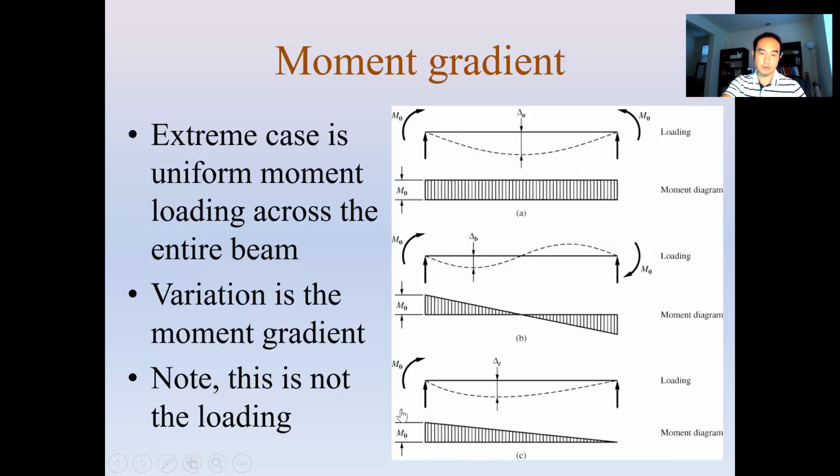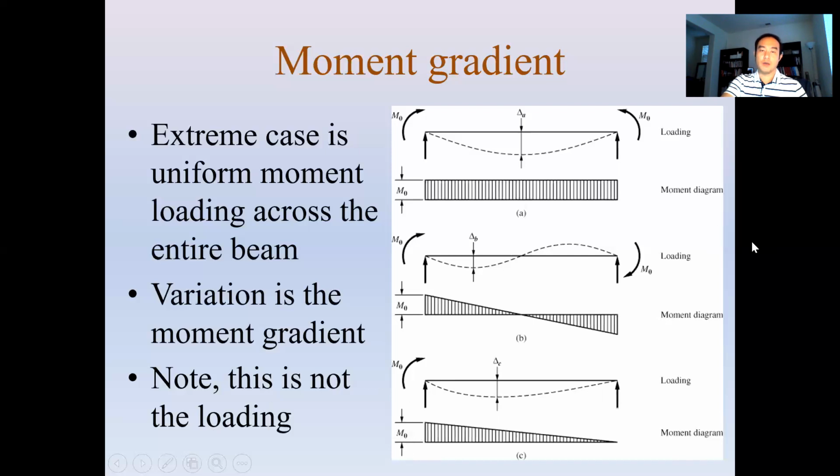Only the area near the edge and the support is where we expect that level of moment. So the extreme case is uniform moment loading, which is the first one, and the variation is the moment gradient. This is not the loading. This is coming from the moment, right?